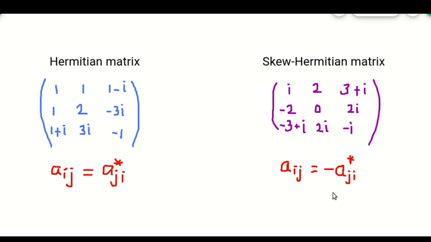So to satisfy this condition, like in the skew-symmetric matrix we could only have zeros, but here we can also have some pure imaginary numbers. You can see the real part has the opposite sign. Here also the real part has the opposite sign, but the imaginary part has the same sign. You can see here 2i, 2i. Here i, here it is plus i. Real parts: you can see 3 becomes minus 3, 2 becomes minus 2. So this is called a skew-Hermitian matrix.